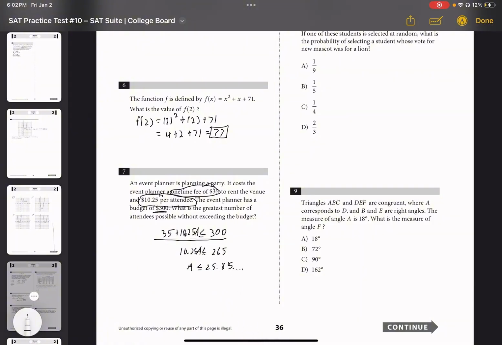So it needs to be a whole number, since you can't have part of an attendee. So the maximum amount a can be is 25, since it's less than 25.85, so 25 would work. So that would be your answer for this question.